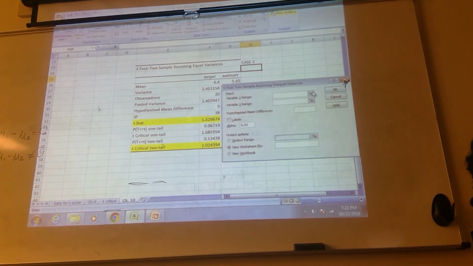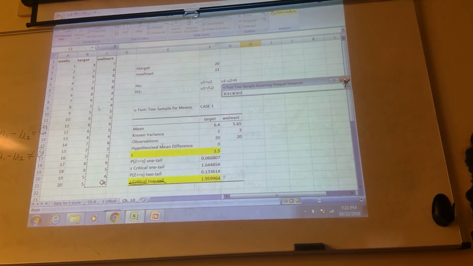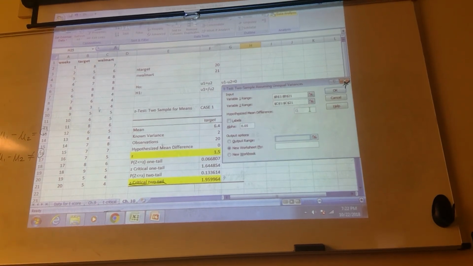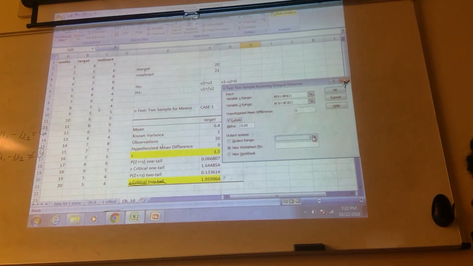Highlight the target, highlight Walmart, hypothesized mean difference is 0, highlight the labels.